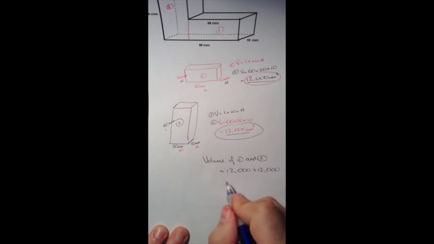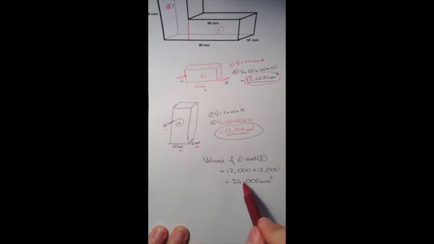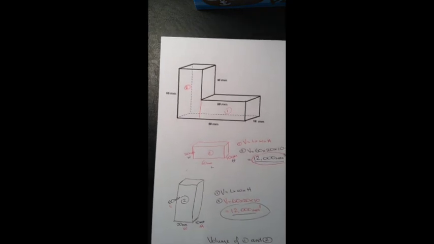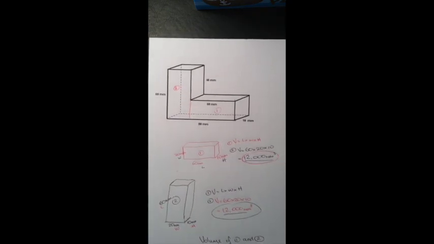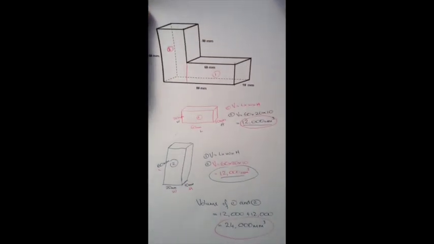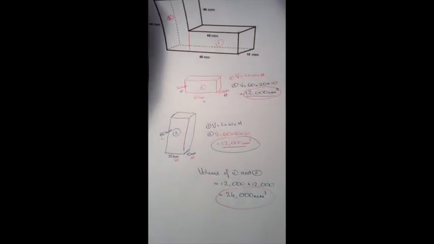All right, and again, using our calculator or just doing it in our mind, we know that that is equal to 24,000 millimeters cubed. And there's our final answer. So we've split that shape up into two different shapes. We've worked out the volume of both of those shapes and added the two volumes together at the end. And that's our final answer.